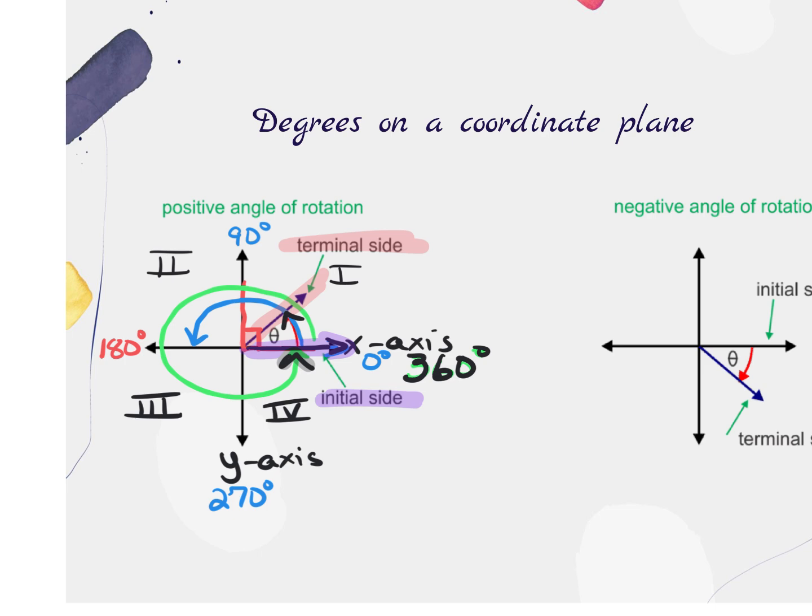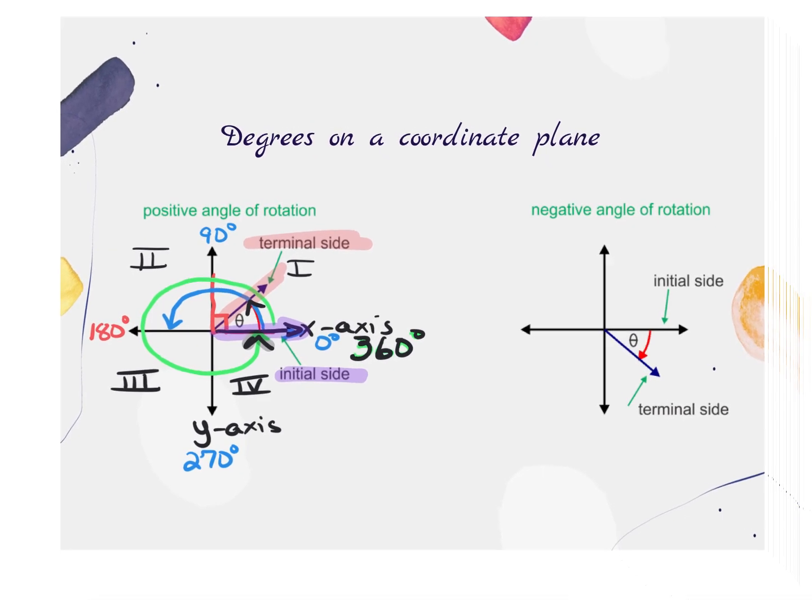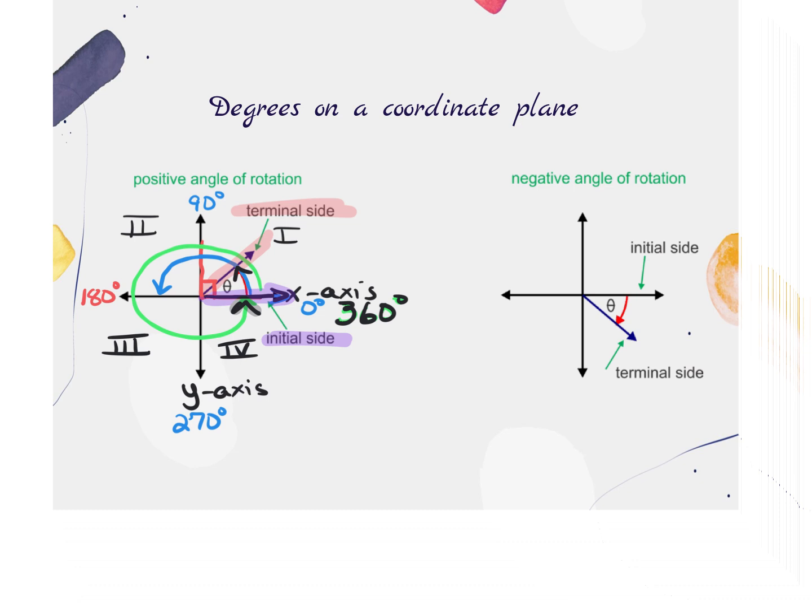Now, the same thing goes for the negative angle of rotation. When you're graphing a positive angle, it goes counterclockwise. When you're graphing a negative angle of rotation, you're going to go clockwise. So down here, if you notice on this one, here is my initial side. It's where I start.